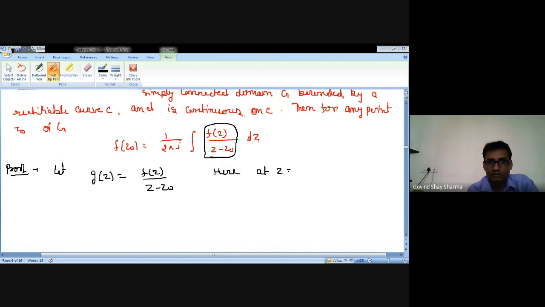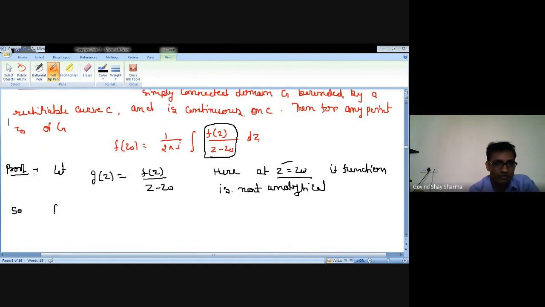At z equal to z0 this function is not analytic, because only at this point z equal to z0 the function is not defined.